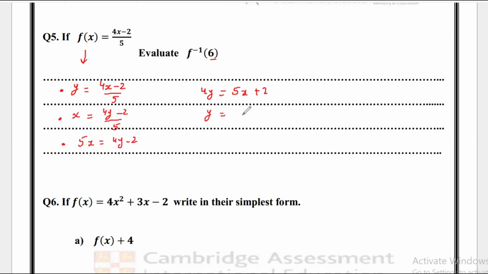This would be y equal to 5x plus 2 over 4, and this y represents f inverse of x, which is equal to 5x plus 2 over 4. Lastly, we check f inverse of 6. It gives us 5 times 6 plus 2 over 4, which is 5 sixes are 30 plus 2, 32 over 4. We can cancel 32 with 4, so the last answer is 8.